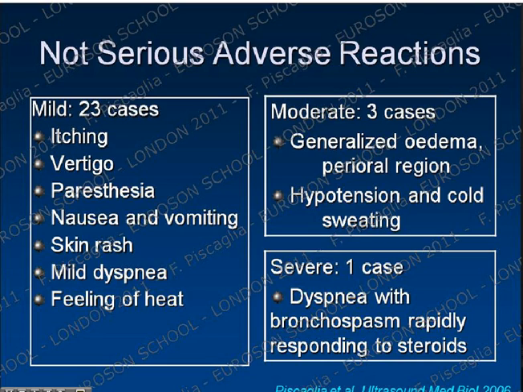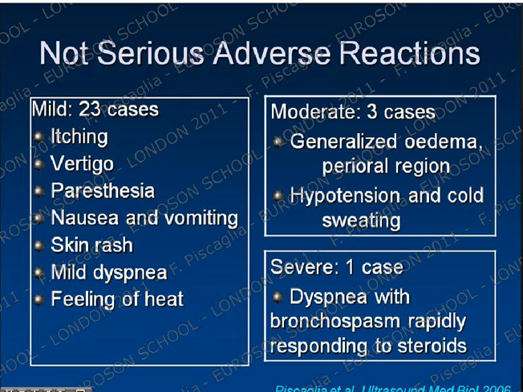It was a case of dyspnea with bronchospasm, which rapidly responded to steroids, so the patient did not require the assistance of the anesthesiologist, and he was discharged quickly after the investigation, but after injection of steroids. So also in this case, it seemed to be an allergic reaction, and also the moderate cases were of allergic type, whereas those that were considered mild were probably also aspecific.